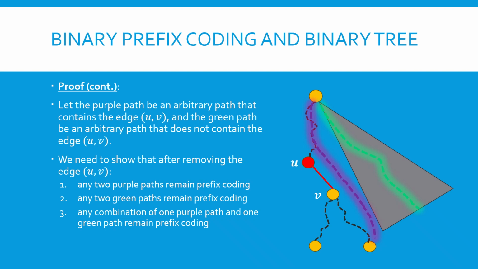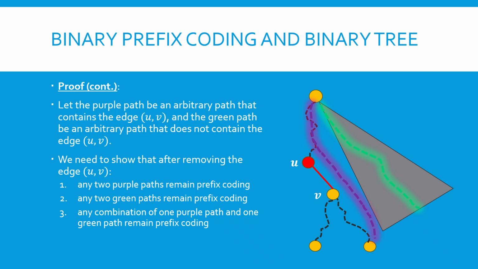Consider the figure on the right. Let a purple path denote any root-to-leaf path that passes through the edge UV, and let a green path denote any root-to-leaf path that does not. After we bypass UV, we need to show that the code remains prefix-free.